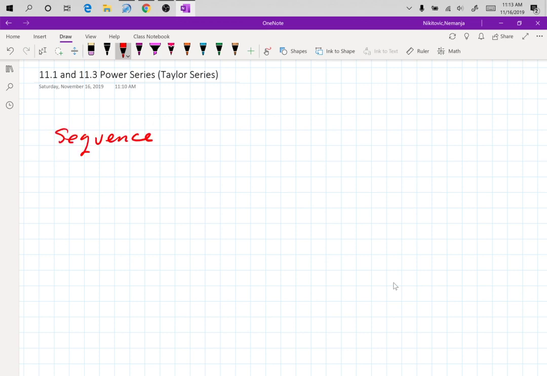Sequence is an ordered list of numbers, and we had a_n as its notation.